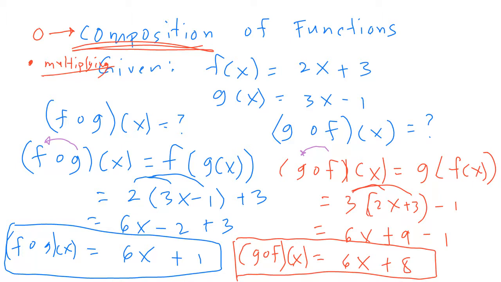Now here, if you're going to be asked about the domain, it's all real numbers. So the domain would be all real numbers, which is negative infinity to infinity, since we're looking at a line here, which has a positive slope, 6 there, and the line is going up, similar to the resulting function from the composition.